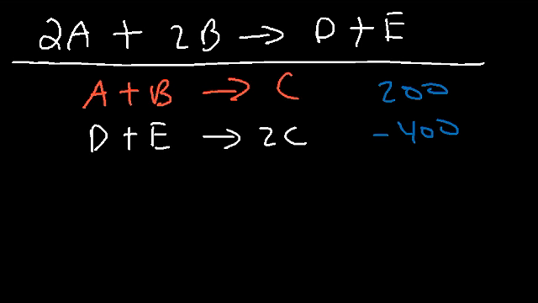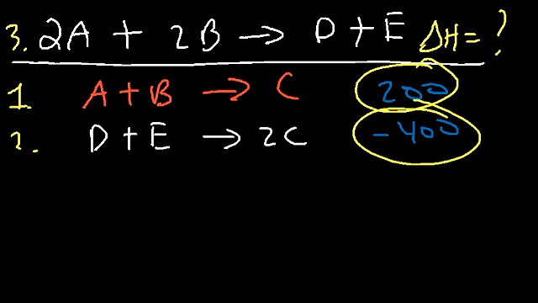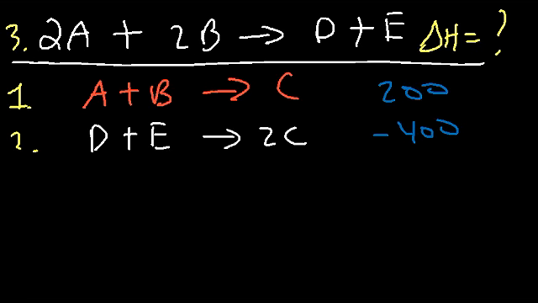So how can we use those 2 reactions to find the enthalpy of this reaction, the one on top? So we got to use something called Hess's law, which means we got to modify equations 1 and 2 such that when we add them we can get equation 3, and if that happens we can add the enthalpies of number 1 and 2 to estimate the enthalpy of the reaction for number 3.